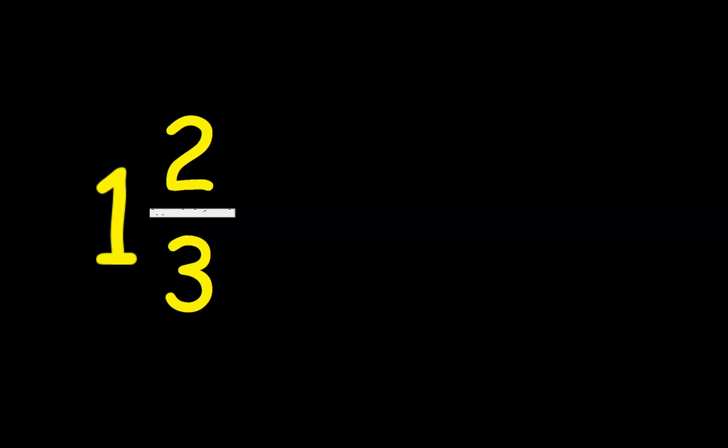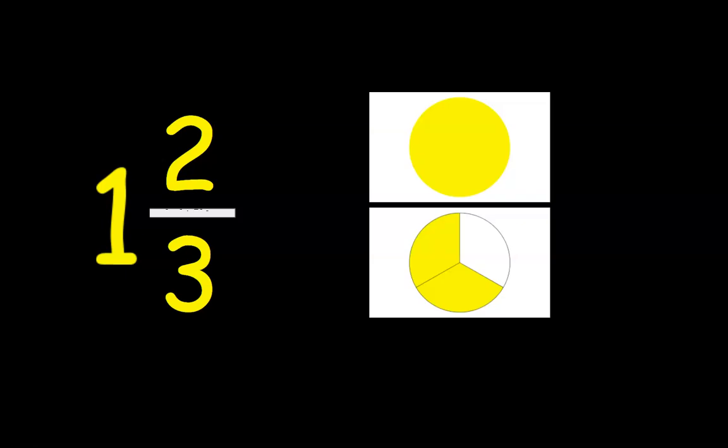Slightly, this is not more difficult, just so that you can see the development. 1 2/3. Pizza story. I have a pizza, cut it into 3 equal pieces, eat 2 of them, and eat another whole pizza. Here we go. There, that 1. There's our 1. 2/3. There's our 2/3.